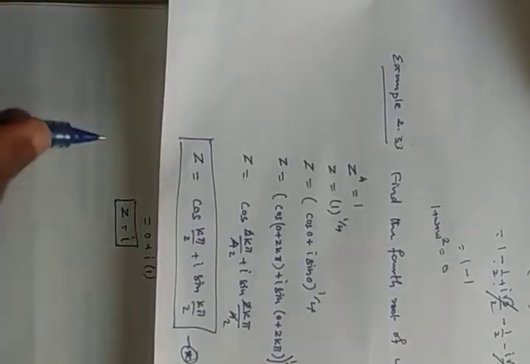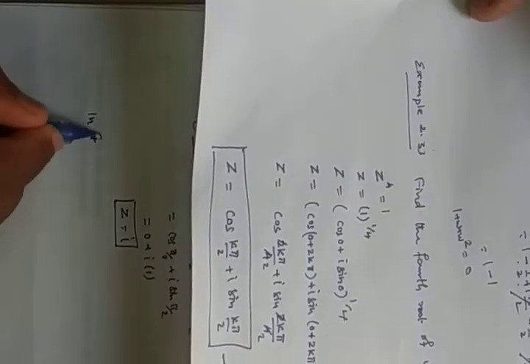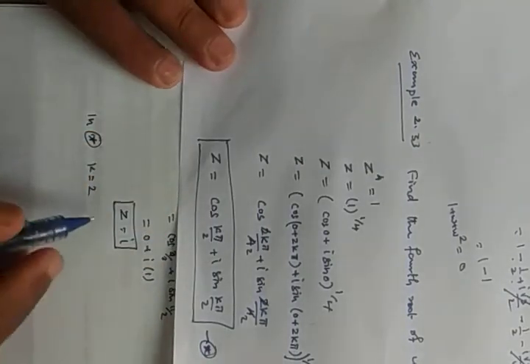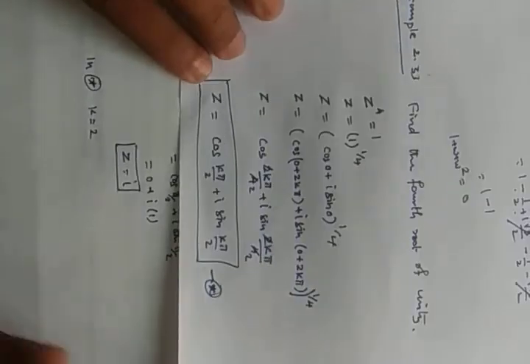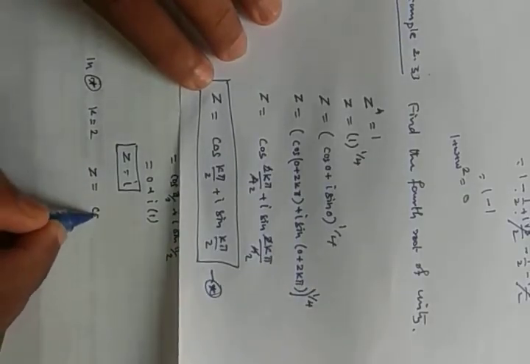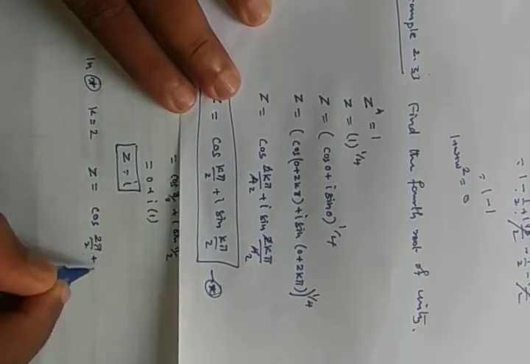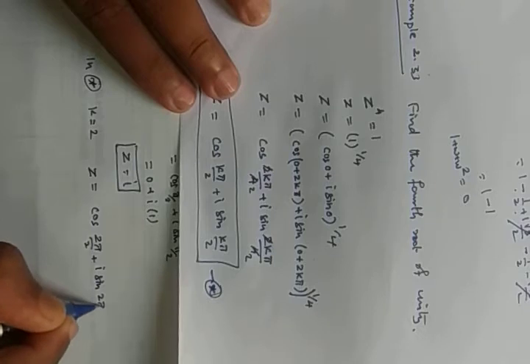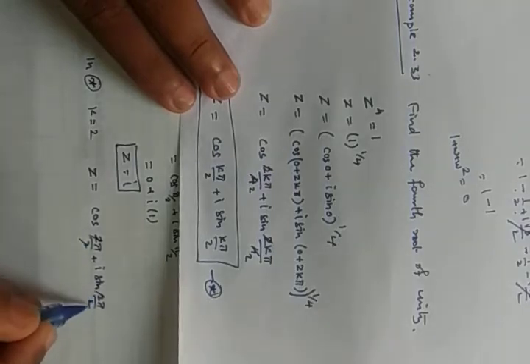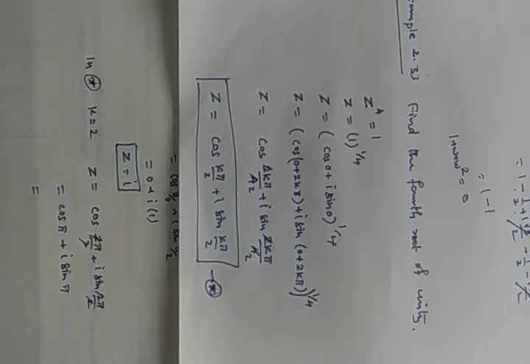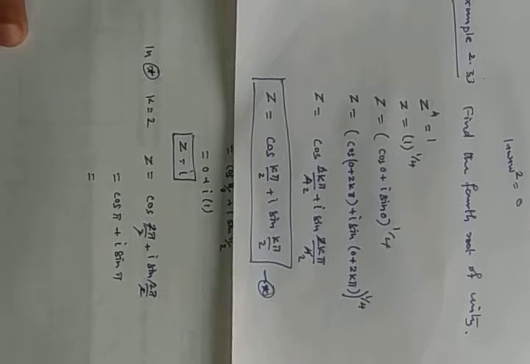Next, in star we put k = 2. What will be the z value here? Cos(2π/2) + i sin(2π/2). The 2 cancels the 2, so we get cos π + i sin π.